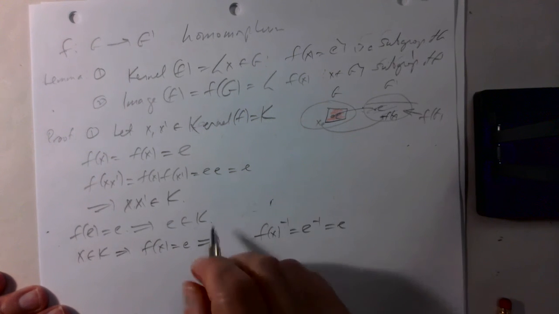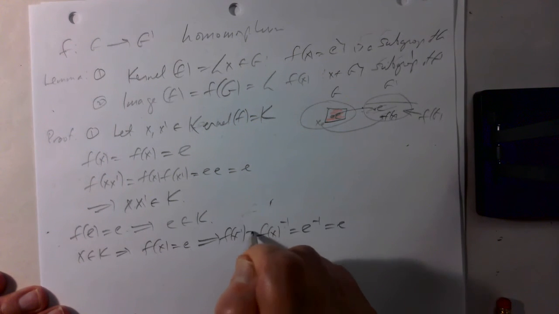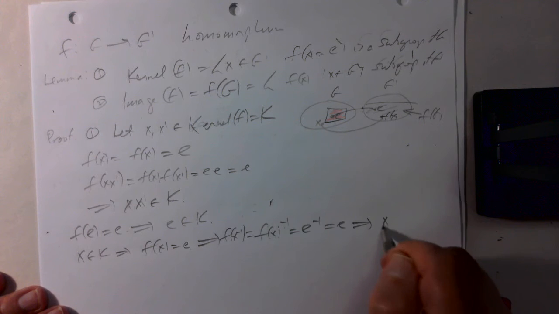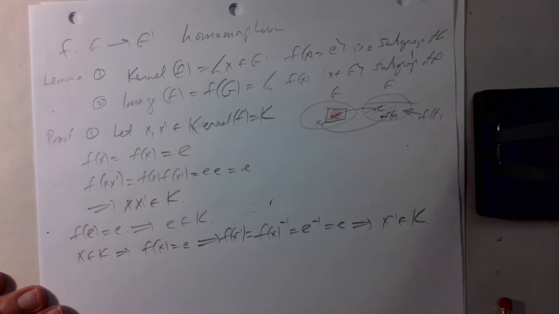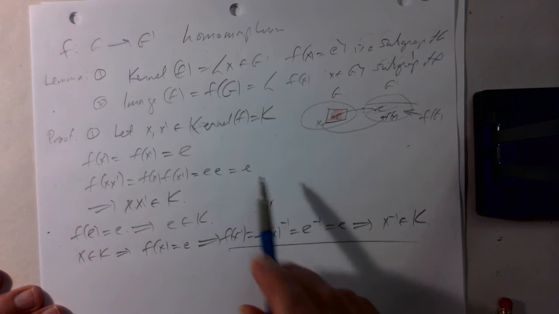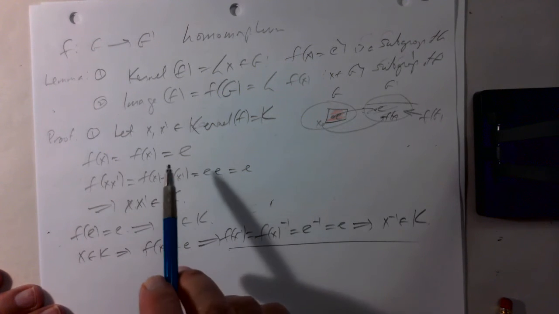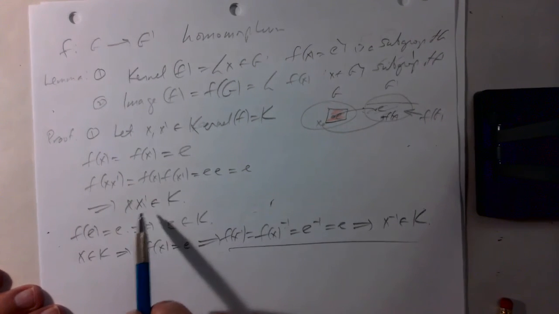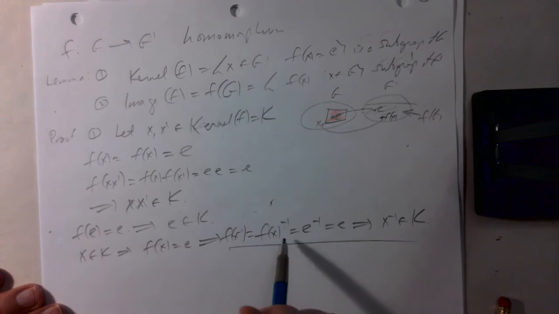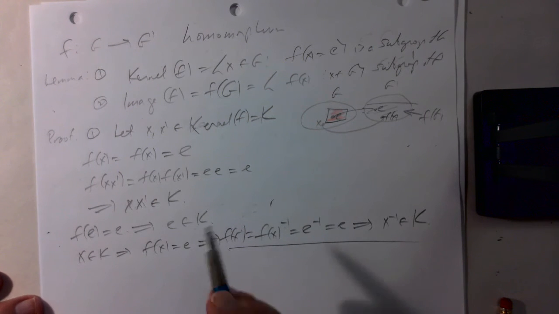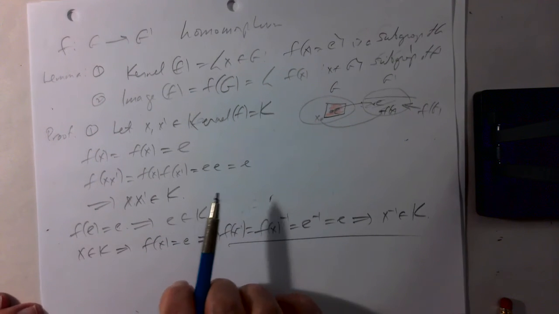But the inverse of f of x is f of x inverse. So x inverse is in the kernel. You put these three properties together: the kernel is closed under multiplication, contains the identity, and contains the inverse of each of its elements, therefore the kernel is a subgroup.